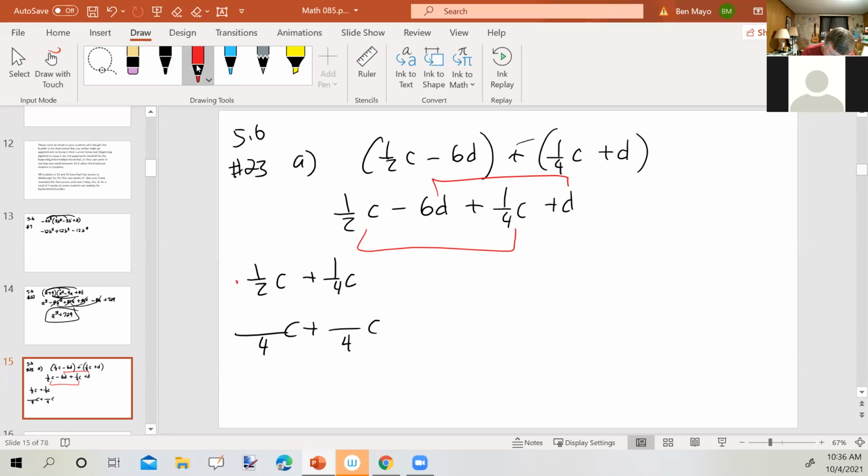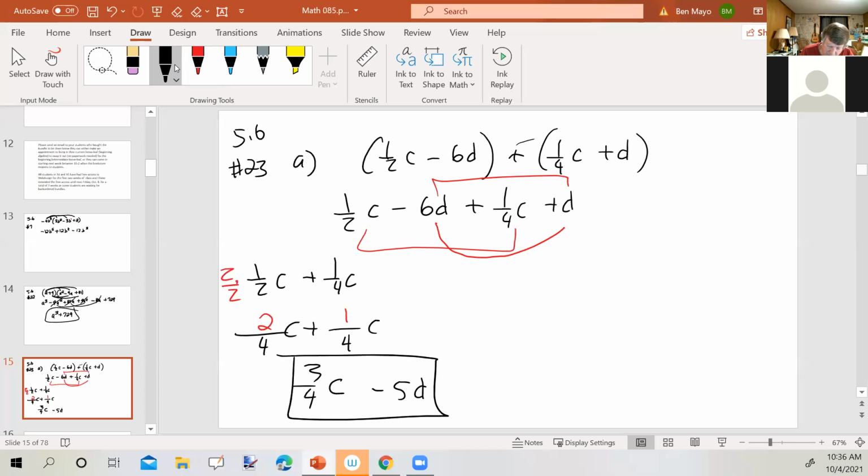Well, 1/2 I'm going to multiply by 2/2 to get 2/4. 1/4, it ain't broke, so don't fix it. 2/4 plus 1/4 would be 3/4, and then C. Any questions there? All right, then minus 6D plus D would be minus 5D. So there is 23 part A.